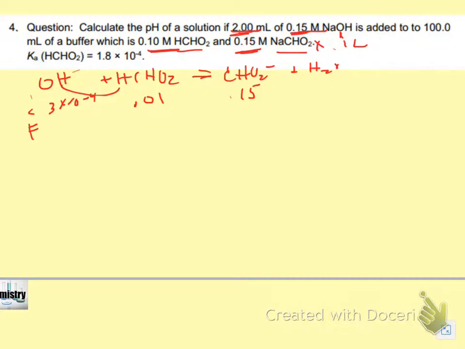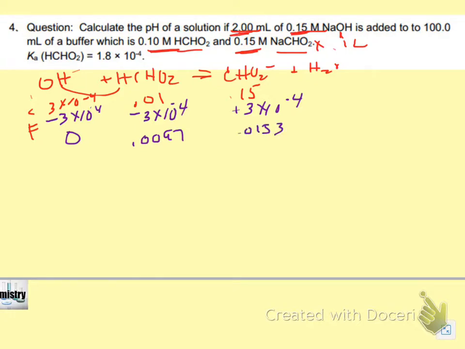Okay, so looking at the change line, all of my base is going to get used. It's going to get neutralized, right? I'm going to use the amount of acid that was necessary to make that happen. And I'm going to add that same amount here. It should be minus 3 times 10 to the minus 4. Okay, and when I'm done, I'm going to end up with all my strong base gone. I have 0.0097 moles left of the weak acid, and I have 0.0153 moles of the base.